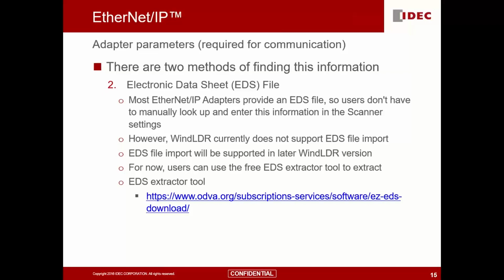Unfortunately, currently, because this is our first launch of WinLadder, we don't support EDS file import. Even if we have the EDS file, we won't be able to import this information into WinLadder. This will be the second phase at the end of this year, where we will try to support EDS file import. So for right now, even if you get the EDS file from Oriental Motor, how do you find out this information?